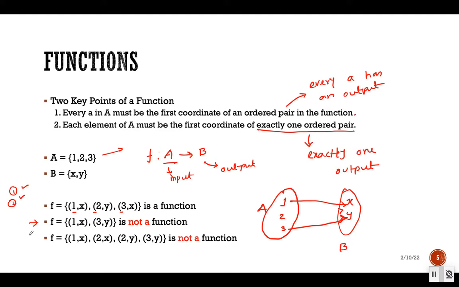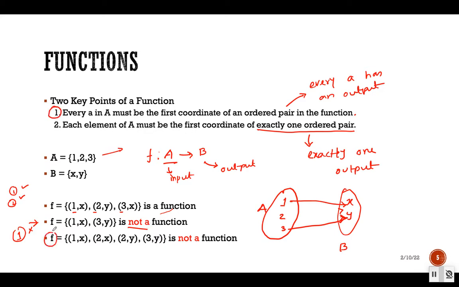So this one is not satisfying condition 1. I do not have a mapping for one element of A. If it doesn't satisfy at least one condition, we can say that it's not a function. For every element in the input set, we have to have an output. That's our condition 1.